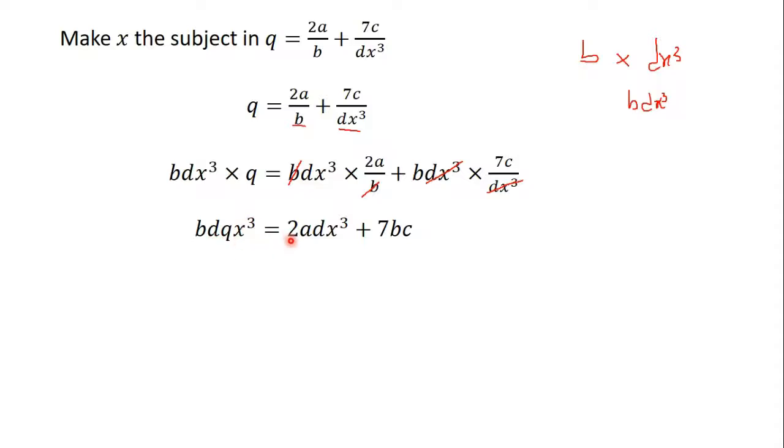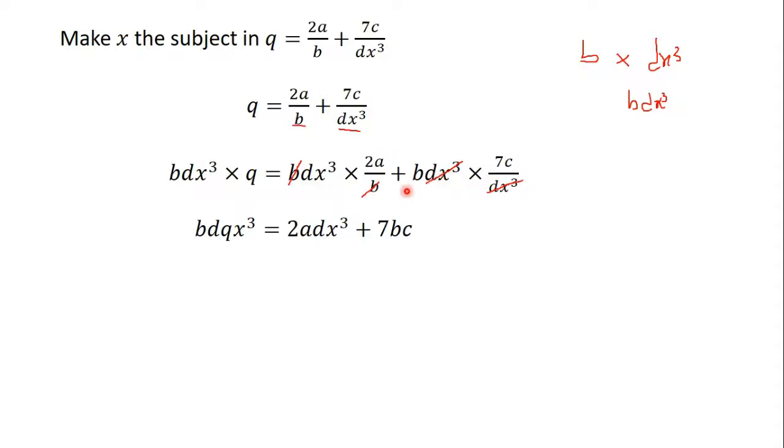Okay, then when you come here, we have b dx exponent 3 times 2a. The numbers must come first, so 2 will be first. b dx exponent 3 times 2a will give us 2a dx exponent 3.